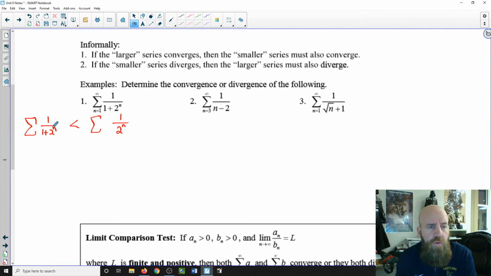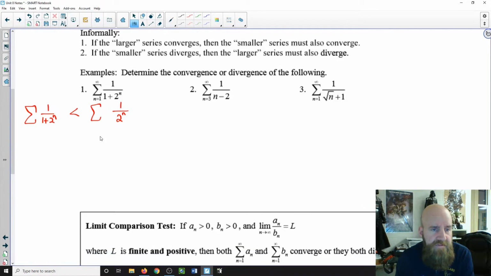Now that we know which one's smaller, we're going to try to prove that this one converges. Because if it diverges, then this doesn't help us, because for it to work, this has to converge, and everything smaller than it converges. If this one did diverge, the only thing I know is everything bigger than that would diverge, so we'd have to come up with a different comparison. But let's see if it works.